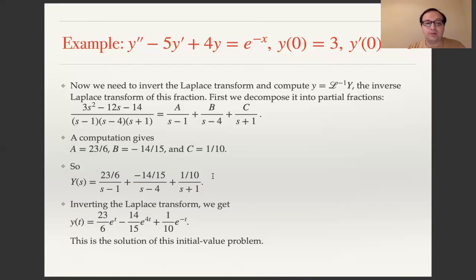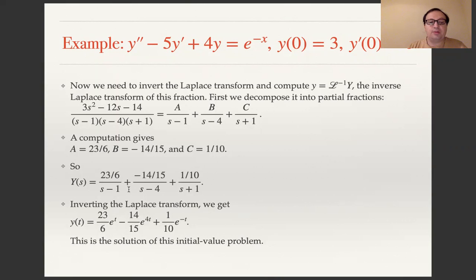And the inverse Laplace transform of 1 over s minus 1 is e to the t. The inverse Laplace transform of 1 over s minus 4 is e to the 4t, and the inverse Laplace transform of 1 over s plus 1 is e to the minus t. So in general, since the Laplace transform of e to the at is 1 over s minus a, then the inverse Laplace transform of 1 over s minus a is e to the at.